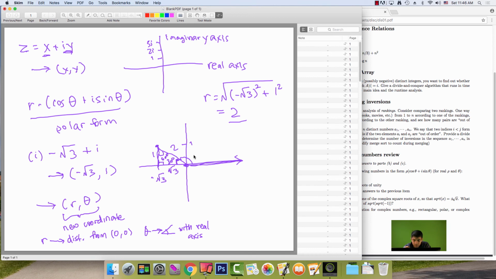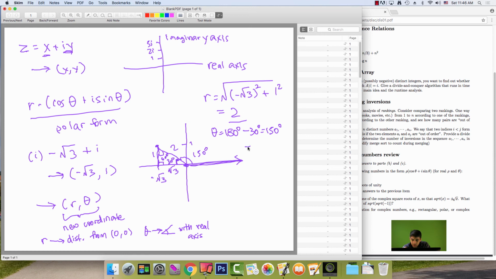And so we can just see that that angle is going to be 150 degrees by computing theta equals 180 degrees minus the 30 degrees we have here. All right, so the common way of expressing angles in polar form is in radians.